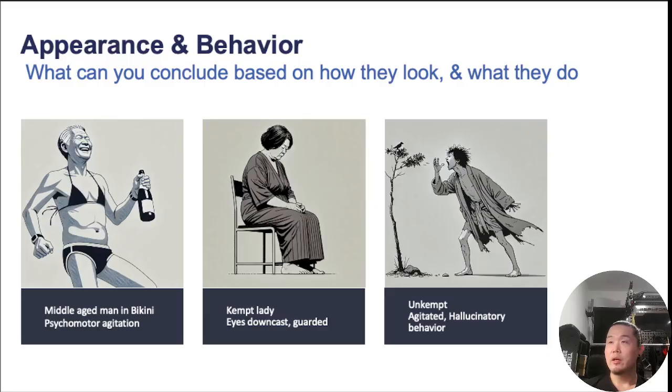Now, finally, on the picture on the right, let's say we are thinking about how this might be a common presentation for somebody that we might see in public who may be talking to themselves. This might be someone who we might suspect to have some kind of a psychotic disorder, right? And if we were to just jump straight into how we might present their MSE, we might say that this is an unkempt man, that they present as agitated, and that they display hallucinatory behavior as they are talking to themselves.